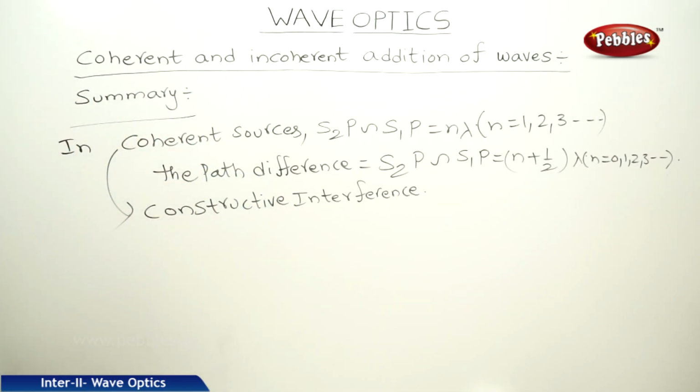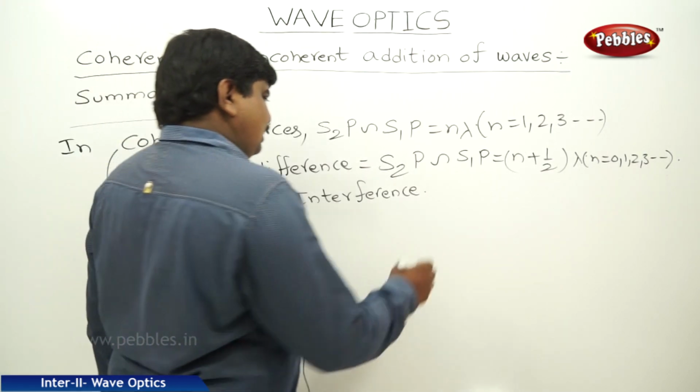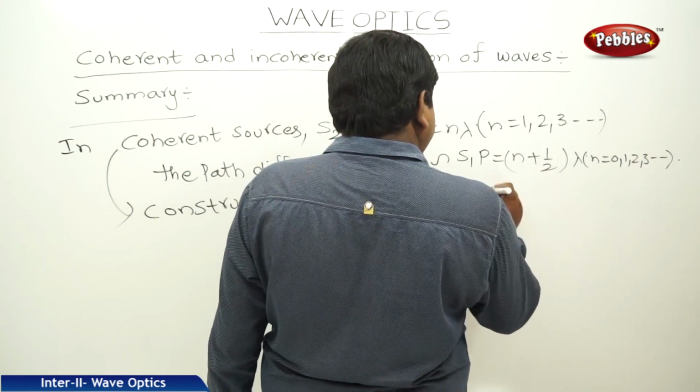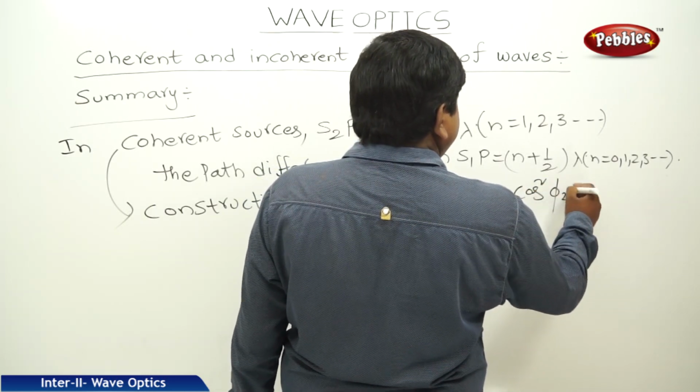So in coherent sources, constructive interference takes place and the amplitudes add, therefore I will become 4I0 into cos square phi by 2.